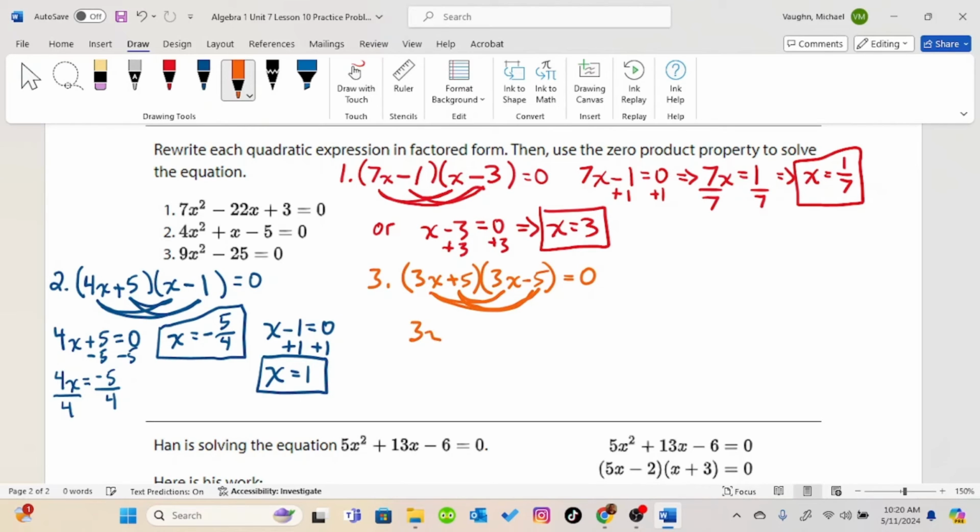So first we'll set 3x plus 5 equal to 0. Subtract 5 from each side, and 3x equals negative 5. Divide both sides by 3, and we get our first answer of x equals negative 5/3.